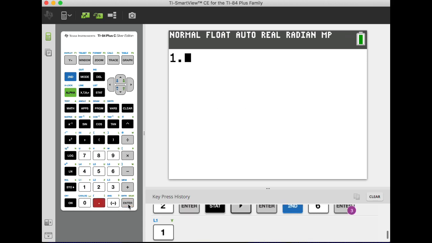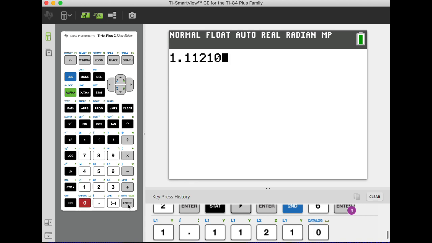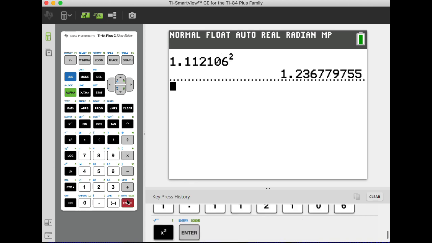So I'm just going to find out from my calculator, 1.112106 squared, and then I'll round that to 3 decimal places, and it gives me 1.237. So then the calculation that we're looking for to fill in the blank, that will be 7 times 1.237.